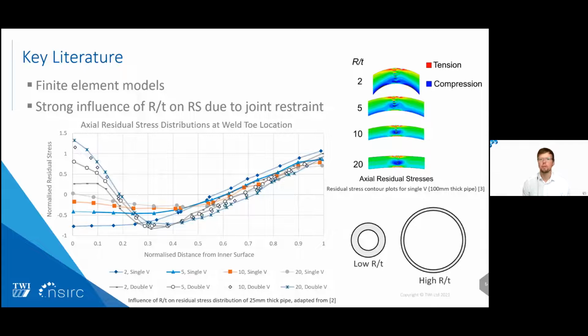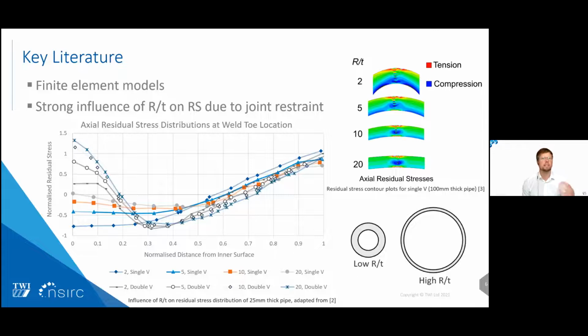A low R/T will have a very small radius and a very thick pipe, and a much higher R/T will have a much thinner pipe structure with a much larger pipe radius. The thinking behind it is that a much smaller pipe will have a lot more natural constraint, and that will affect how residual stresses develop in the weld and in the pipe itself.